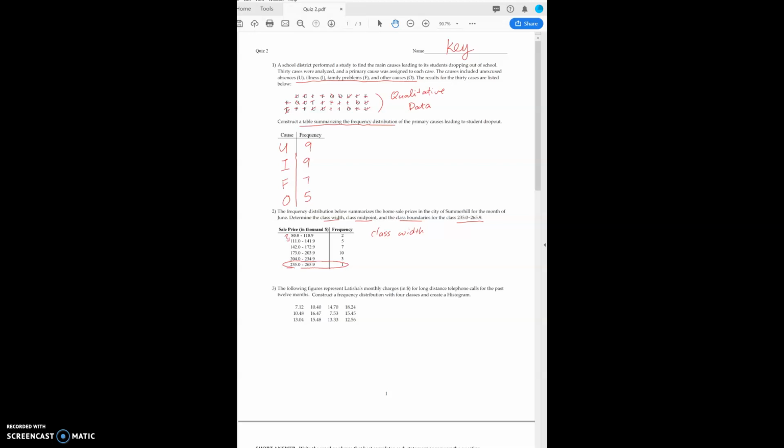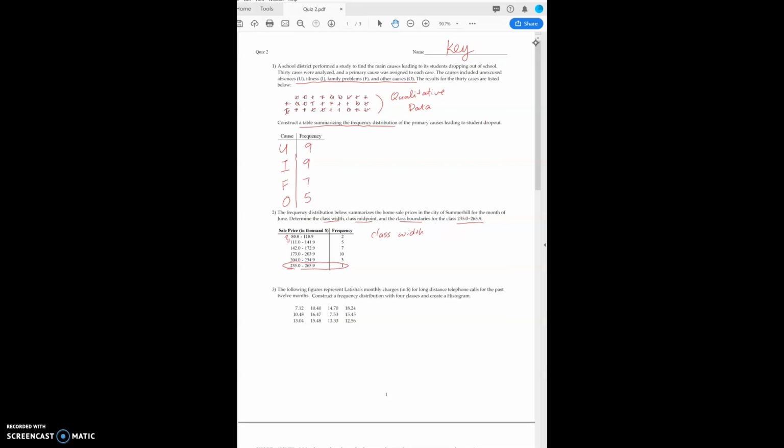So we can use any two lower limits and subtract them. So I'm going to use 235.0 minus 204.0, and that will give me 31. So that's the class width.